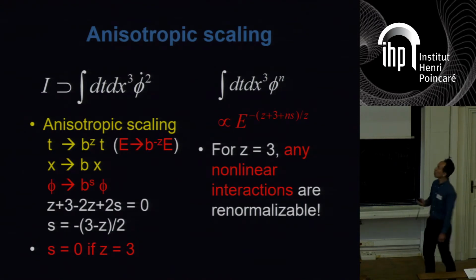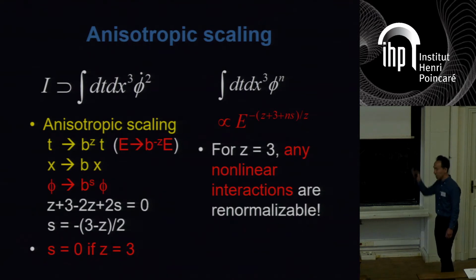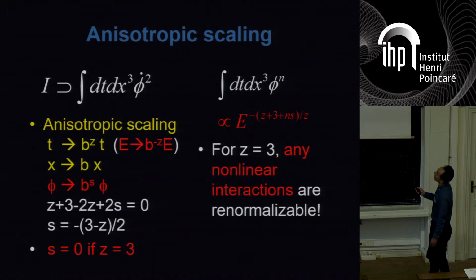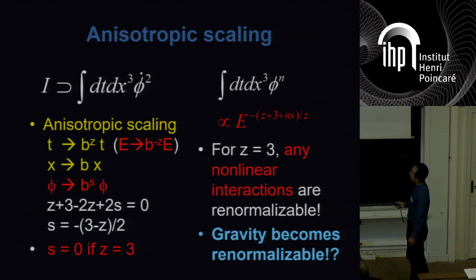So as we increase the energy scale, this doesn't blow up. So for z equals 3, any nonlinear interactions are renormalizable. This is the idea of Horava gravity. So if gravity behaves like this, then gravity may become renormalizable at the level of field theory. This is the basic idea, very simple.